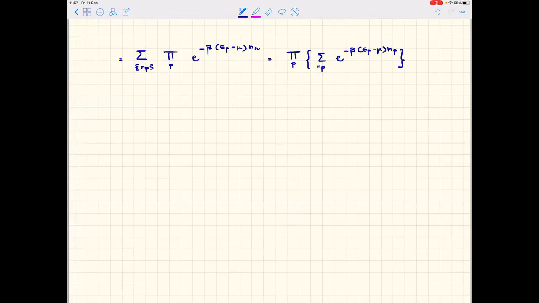Now I have to perform this sum, and the value depends on whether I have fermions or bosons. Why?